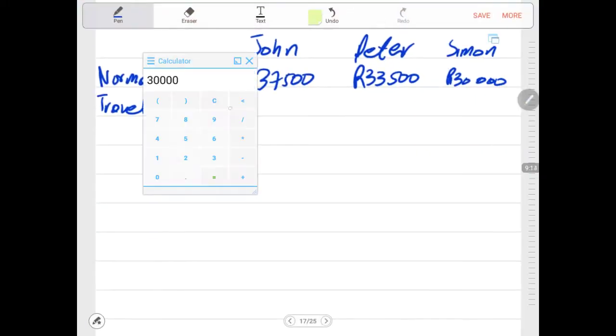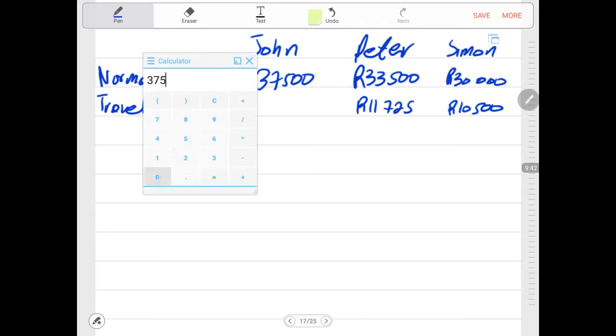So the travel allowance will be 35% of their salaries. We get a travel allowance of 10,500 for Simon. Then 33,500 times 0.35, which is 35%, gives 11,725 rands.